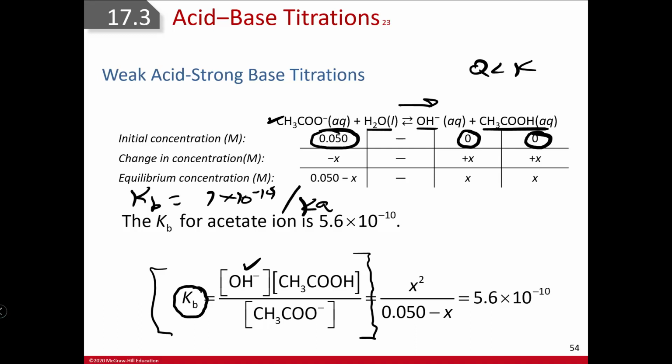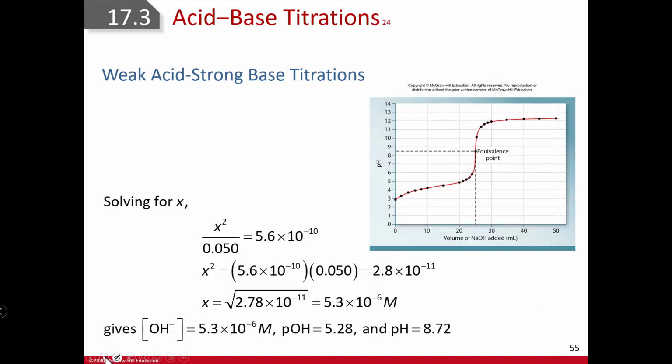That's how we get this number here. We plug in these X values, and the acetate ion at equilibrium is 0.050 minus X. We're going to assume that X is negligible because this basicity constant is so small. We know it's not going to go much to the right.